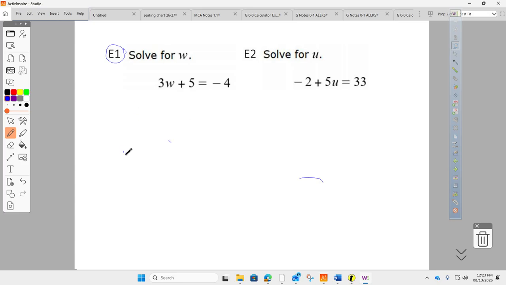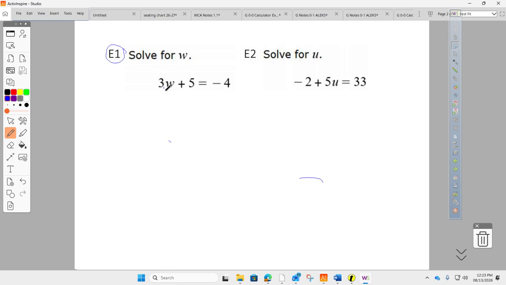But before we start deciding what's what, we need to decide what is actually happening to the variable, right? 3W. What does 3W mean? Very good. 3 times W. So our goal first is to see what is happening to the W. We identify what's happening, and then we know how to undo it, right? We know how to do the inverse of that operation.